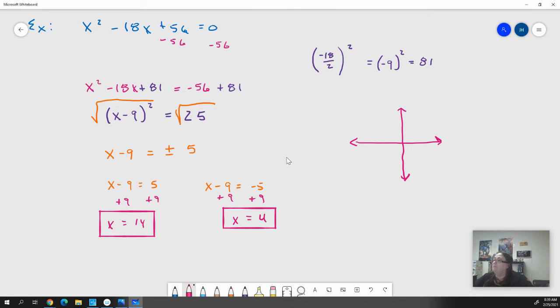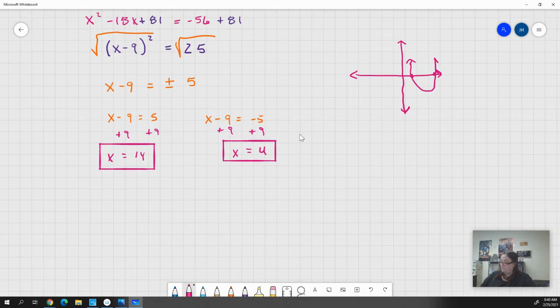We haven't gotten into the vertex or anything of that yet when we're graphing it, and we're going to get to that after the quadratic formula. But it's saying that I'm going to have a point at x equals 4 and another point at x equals 14, and there's going to be a parabola, that U shape, that goes through them.